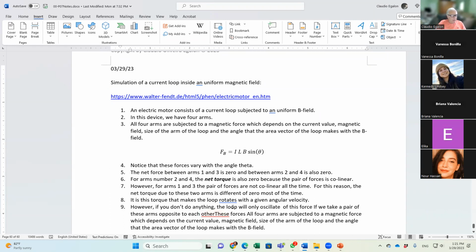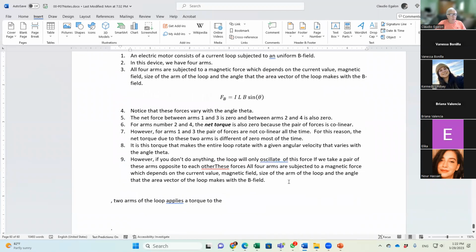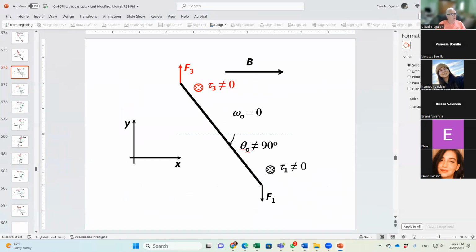It is this torque that makes the entire loop rotate with a given angular velocity that varies with the angle theta. However, if you don't do anything, the loop will only oscillate between a maximum amplitude, just like you saw here in my simulation.